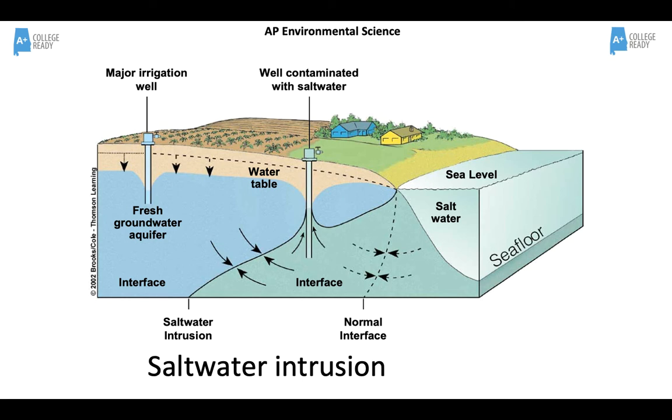However, because of the sheer presence of the fresh water in these aquifers, it creates a force that counteracts the tendency of salt water to intrude in from the sides below ground. So if we create a situation where these underground aquifers are in an overdraft, and an overdraft is the same thing as when you have an overdraft in your bank account, you're taking out more than what you're putting in.